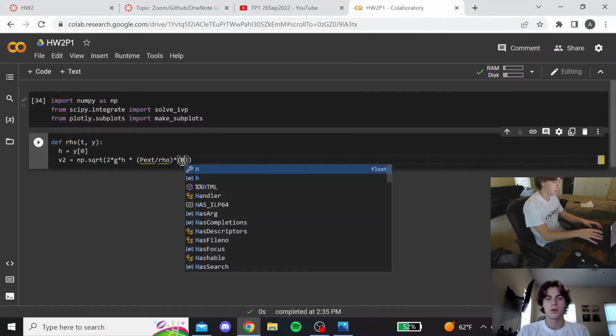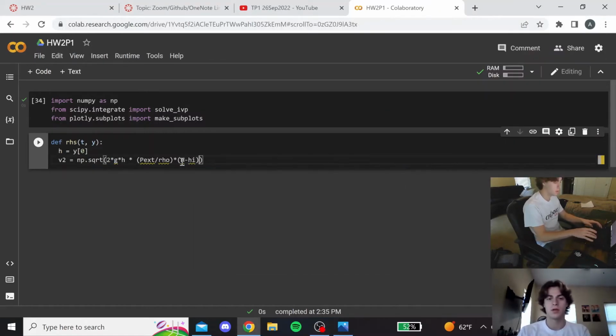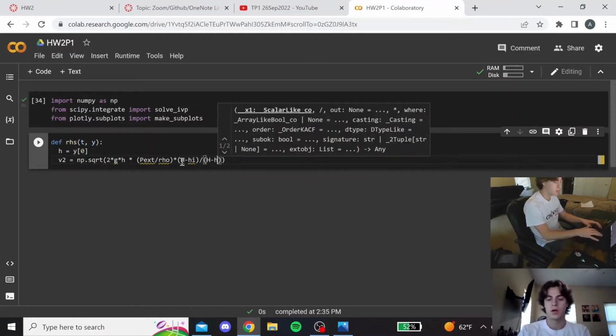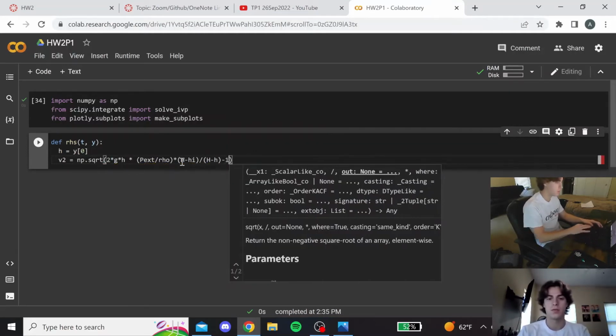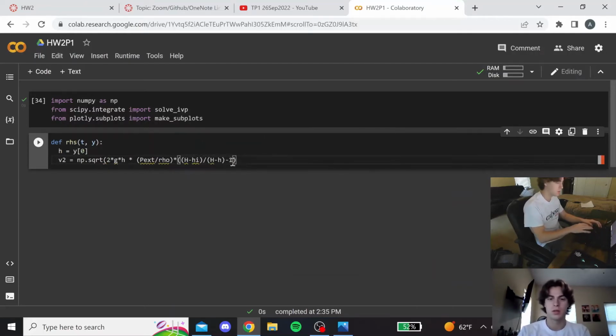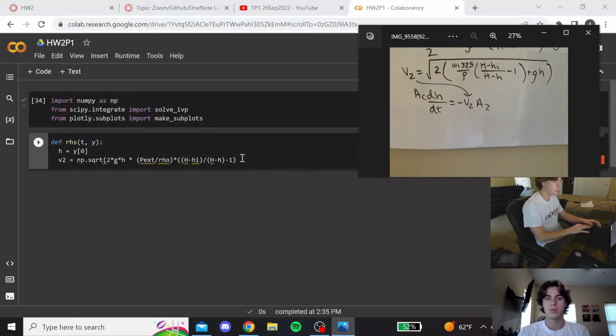So we have height minus our initial height divided by the height minus the current height, minus 1. And this all needs to be in parentheses. What is left? Plus GH.